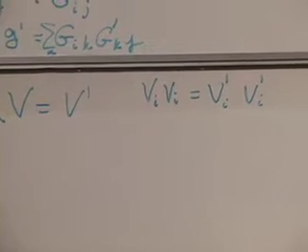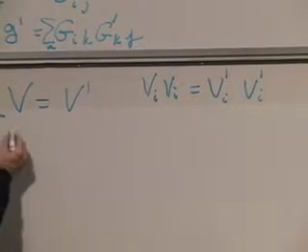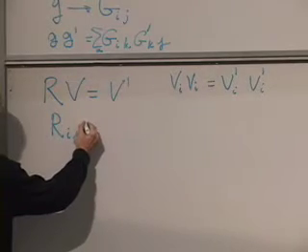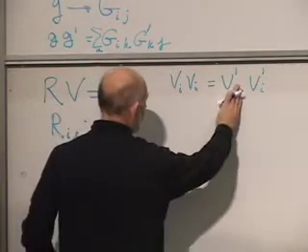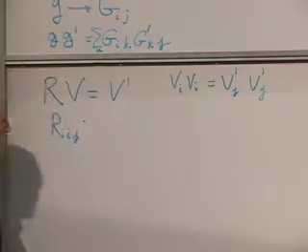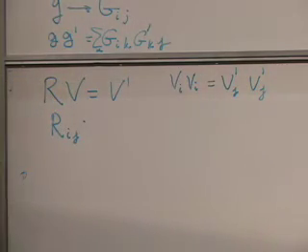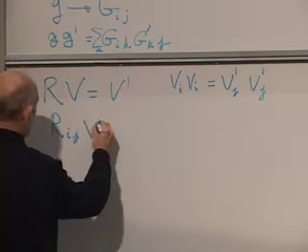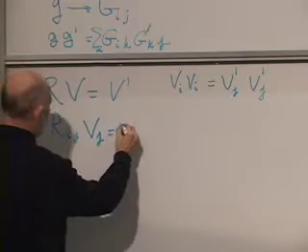Let's work that out in detail. This is Rij Vj. It doesn't matter what we call the summation index. Rij Vj is equal to v prime i.